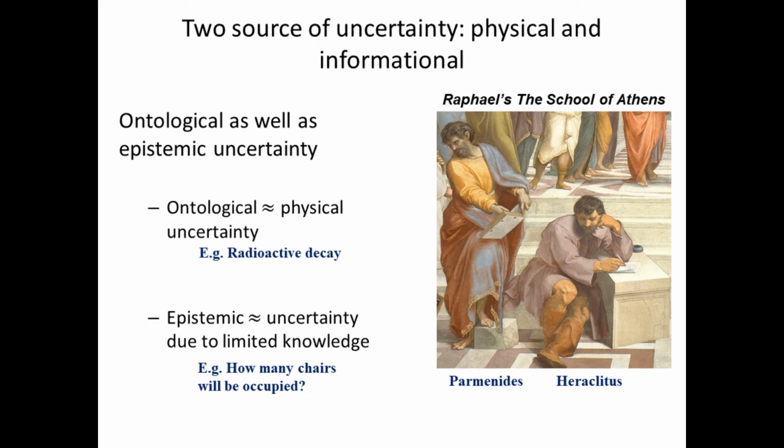So for Parmenides, there is more epistemic or informational uncertainty. Uncertainty here is simply caused by a lack of information, so that if I go and ask somebody to tell me what day of the year is their birthday, I have uncertainty about that before they tell me, but then if I were to repeat the experiment and I were to go back the next day and ask the same question, I really shouldn't have any uncertainty.